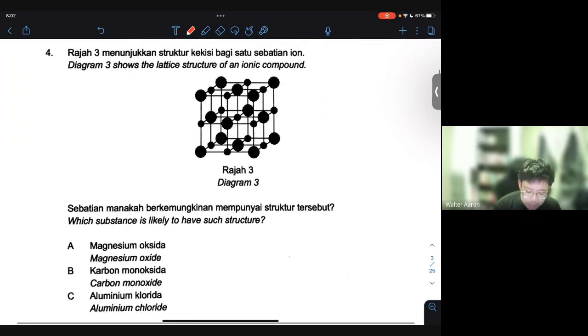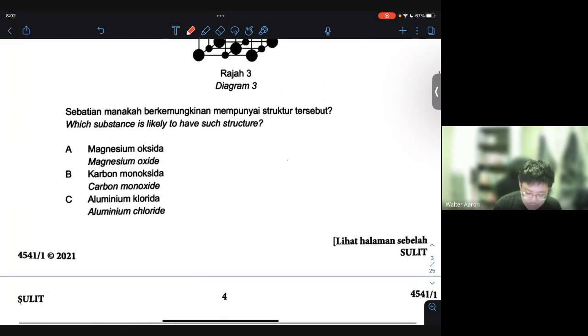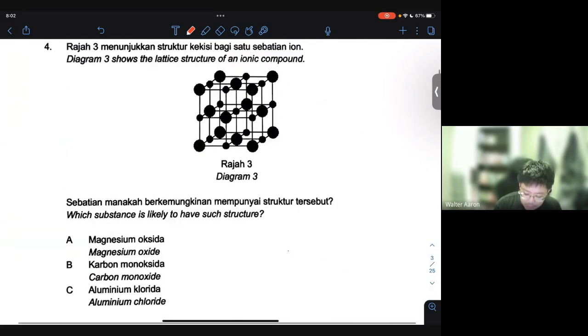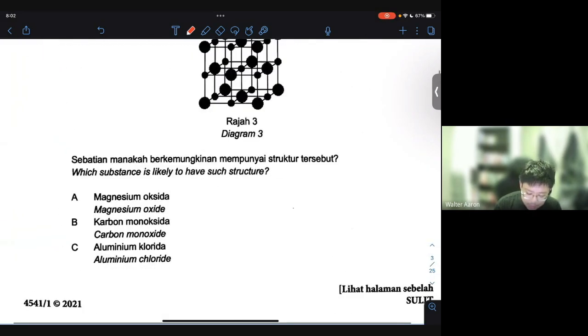Number 4, diagram 3 shows the lattice structure of an ionic compound. Which substance is likely to have this kind of structure? You ask yourself which of the following is an ionic compound.